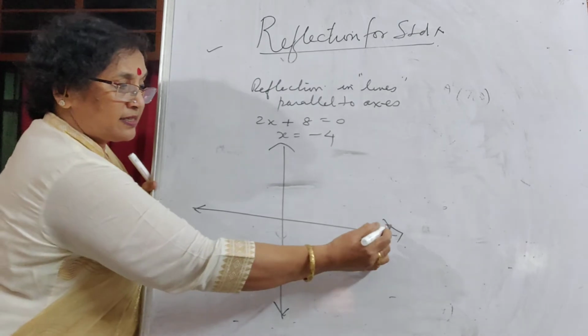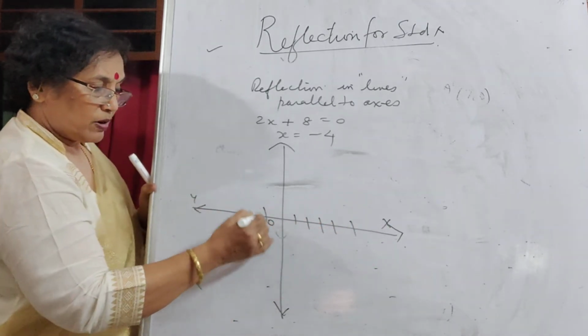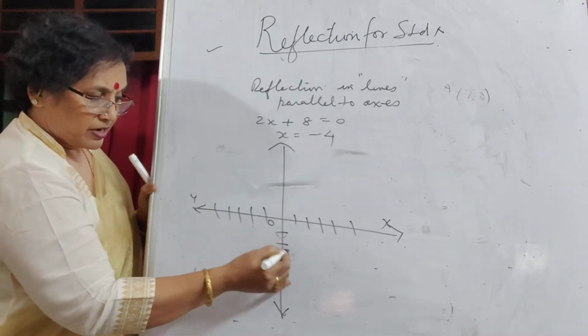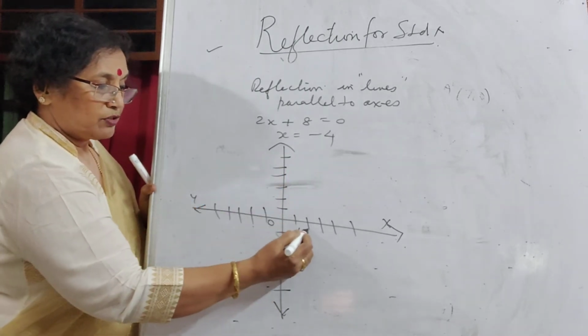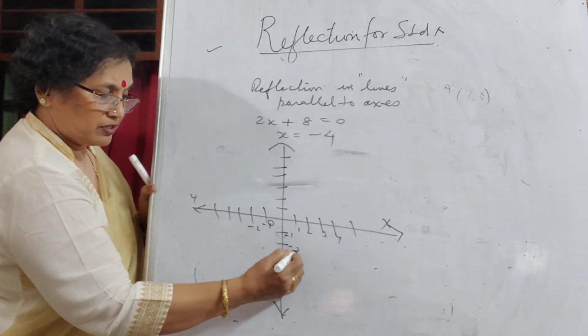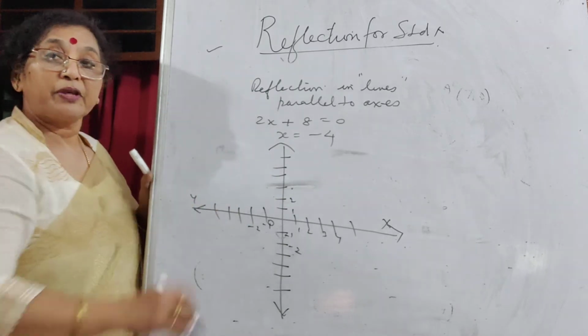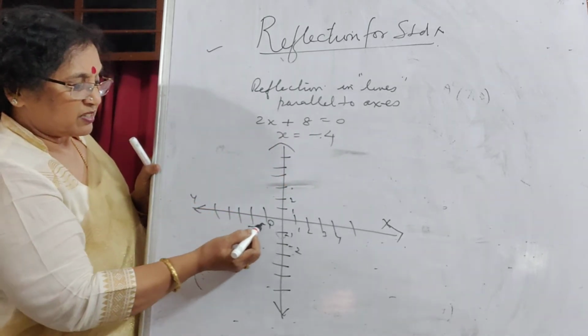Now this is the x-axis and this is the y-axis, 0. Now 1, 2, 3, 4, keep marking. You know each square is 1 unit. So 1, 2, 3, 4, and minus 1, minus 2, and so on. x equals minus 4 is here.